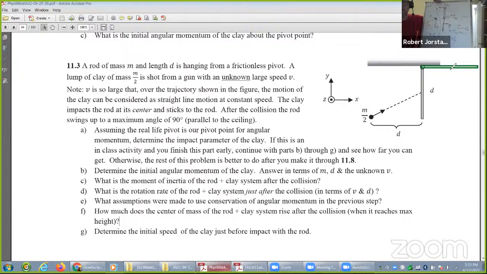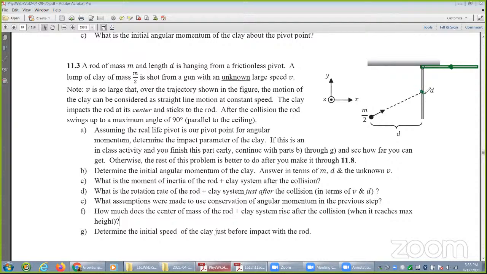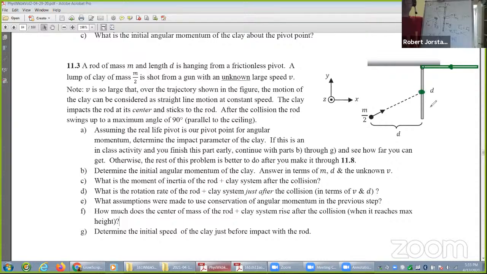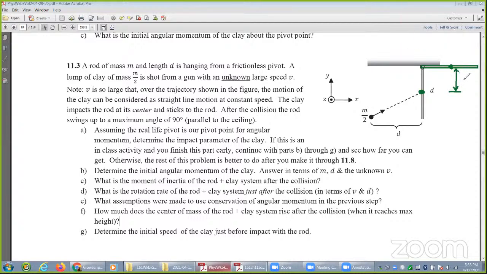I got a point mass sitting at the middle. How much did the center of mass rise? It didn't. This is where it was just right during the collision, right? What's that distance right there? D over 2. D over 2.